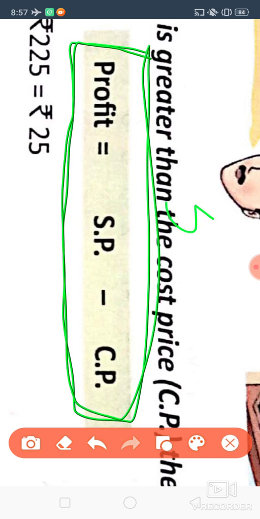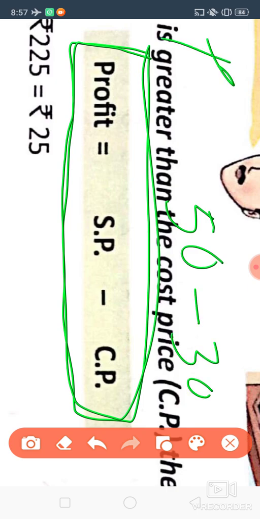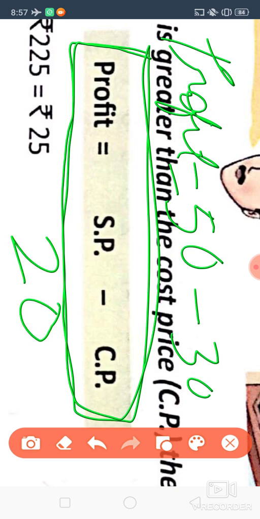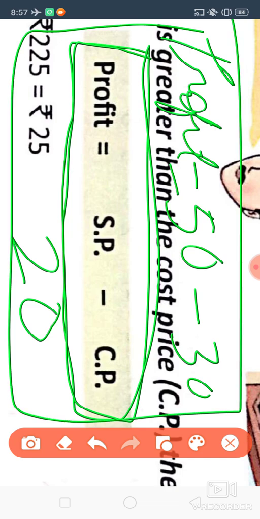If SP is given as 50 rupees and CP is given as 30 rupees, then 50 minus 30 will be your profit. How much will you get? 20 rupees. But if I tell you like this, you are not going to understand anything.